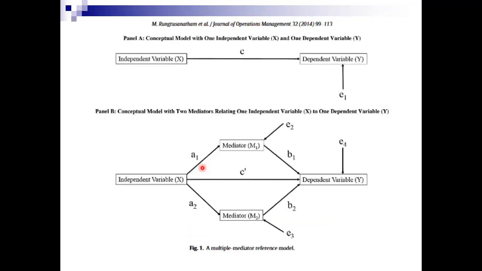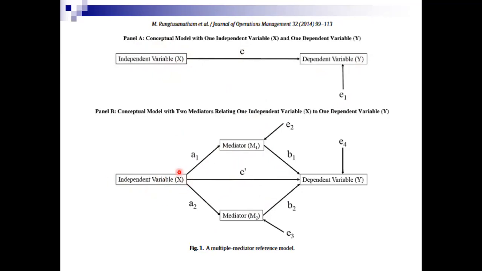And there's this diagram here. In this one here, I want to show you some possibilities, okay? While it is possible that we have the relation between independent variable X against Y, and this is the error term, and this is your C complement. It's possible that you could have several mediators, okay?